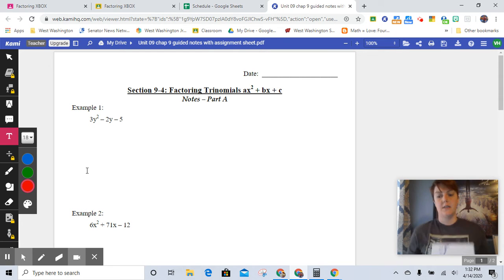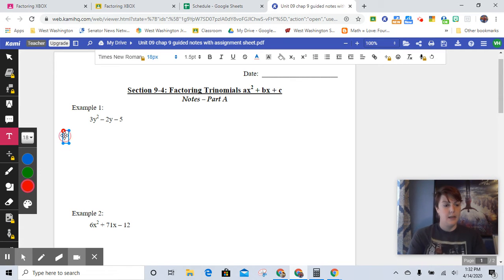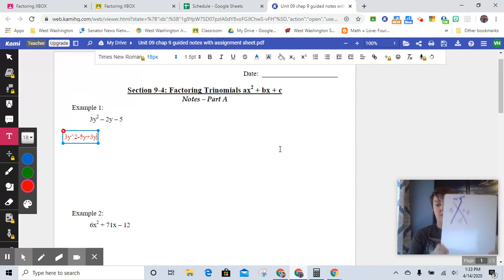Okay, so I'm going to set this down here and I'm going to type. And so now instead of putting it in the Punnett square type box, we're just going to write it all out next to each other. And so we're still going to keep our first term, 3y squared, and then minus 5, not x, I'm sorry, 5y, plus 3y, and those came from this right here.